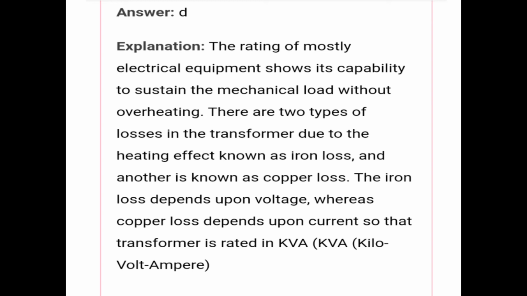There are two types of losses in the transformer due to the heating effect, known as iron loss and copper loss. The iron loss depends upon voltage, whereas the copper loss depends upon current. So the transformer is rated in kVA, kilovolt ampere.